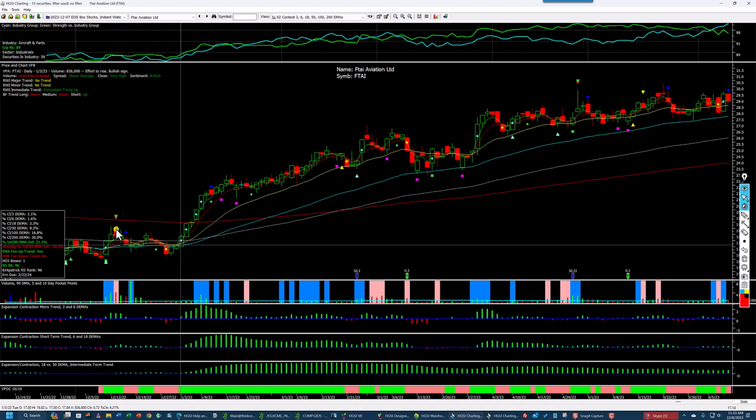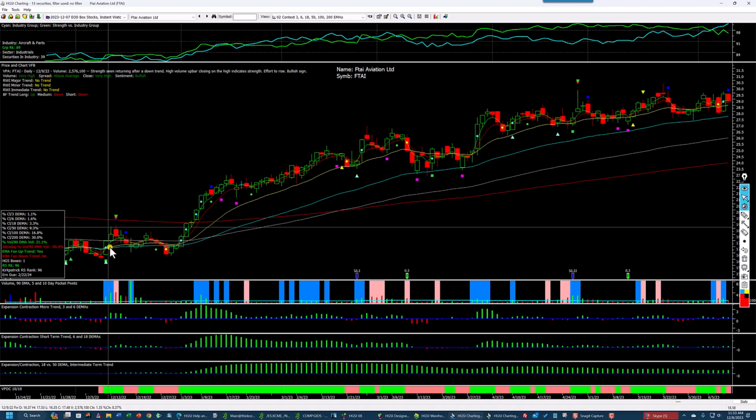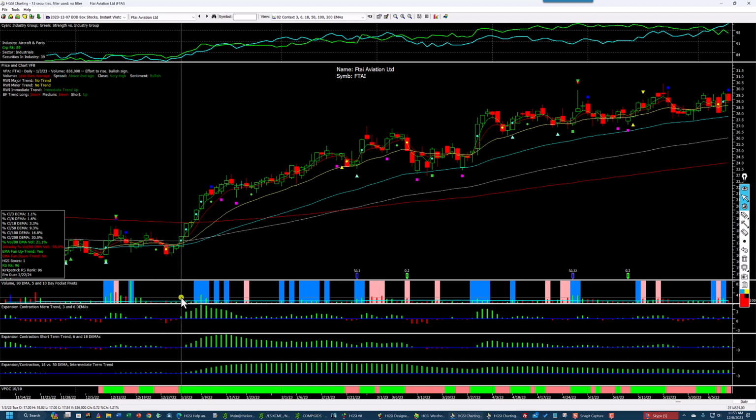It was basing sideways. It had not broken out of this congestion area either up or down, and then right here the 3 crossed the 6 on an effort to rise, and the VPOC went positive also. The 6 and 18 also turned positive, and the 18 and 50 were positive.